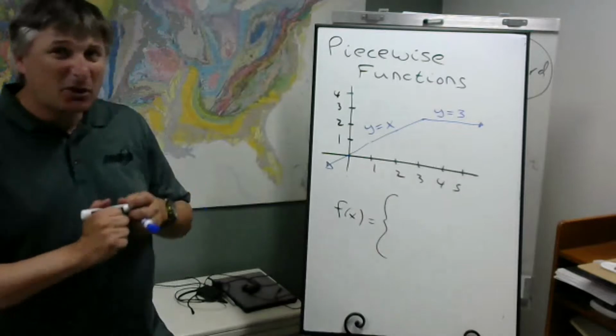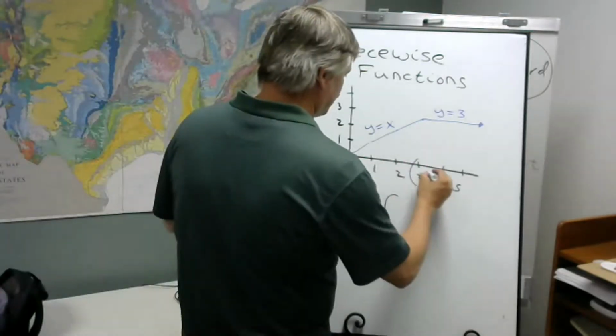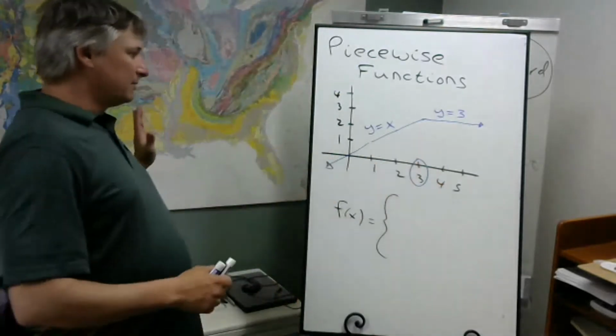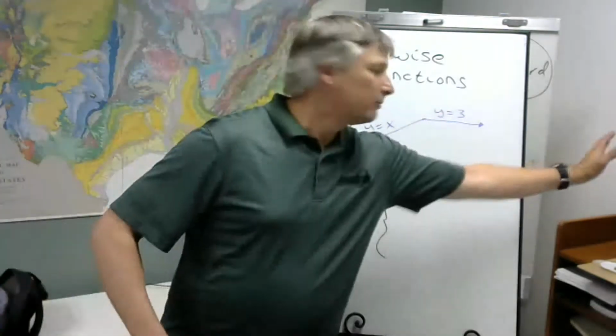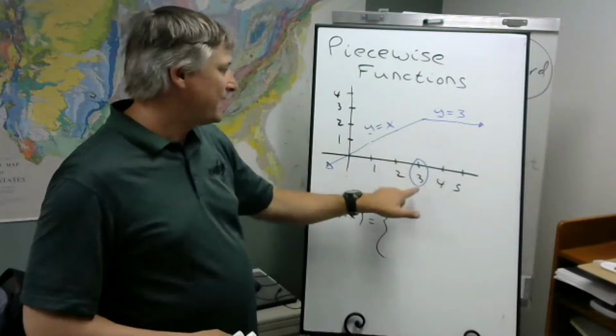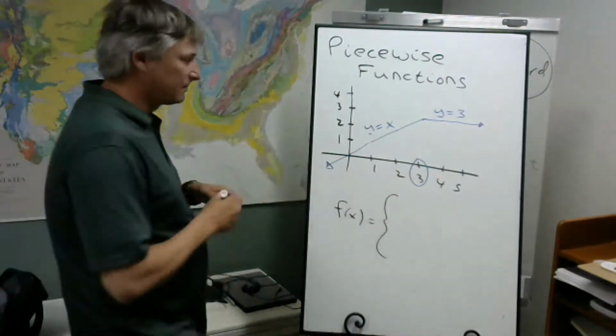Now, the key location in this is the 3. Out here, we're just using y equals x. Out here, we're just using y equals 3. Where things change is at x equals 3.